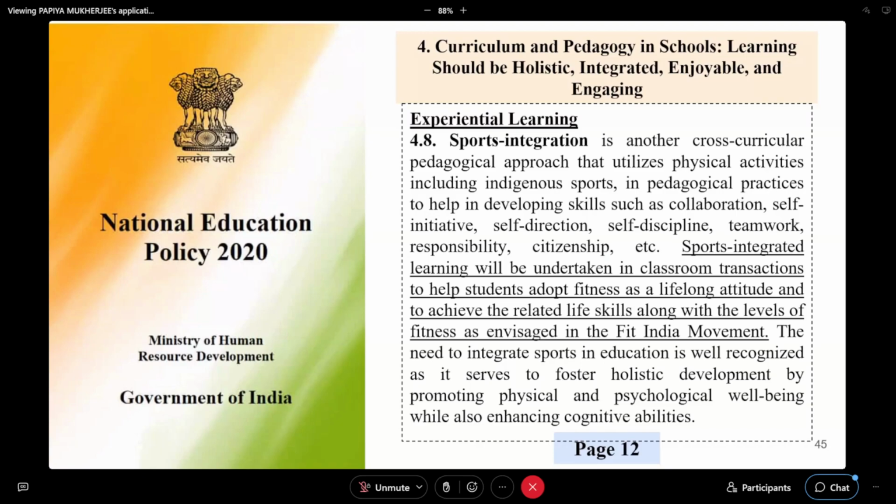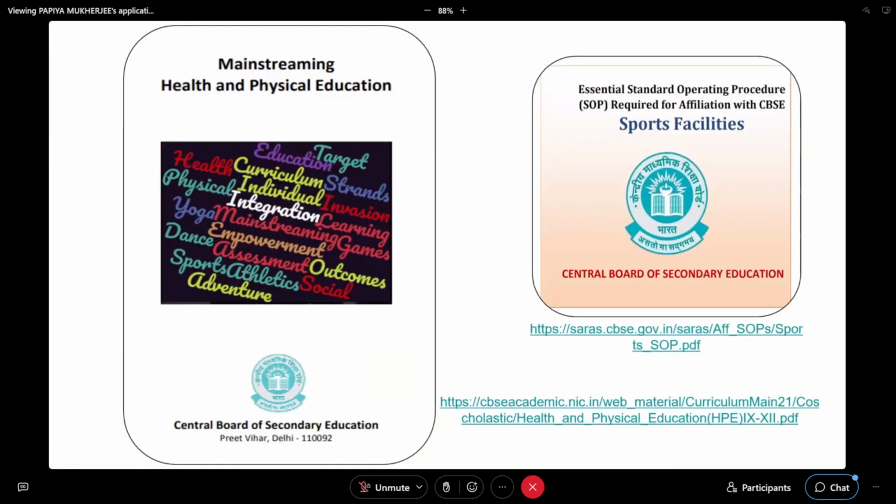Once sports integrated learning would be undertaken in the classroom, students will take fitness as a lifelong attitude. Though the popularity in these days recently with the youth has increased a lot.